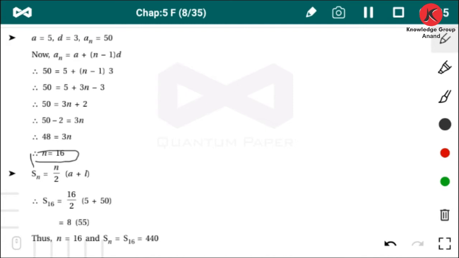Here n = 16, a = 5 and l = an. Therefore an = 50. Put all values: 16/2 into (5 + 50), 8 into 55. Sn, that means S16 = 440.